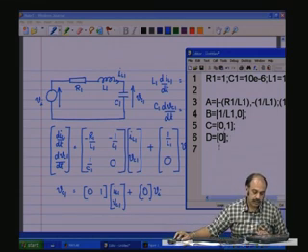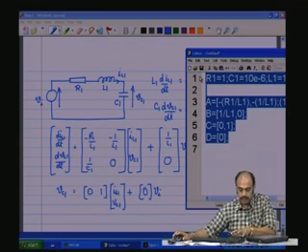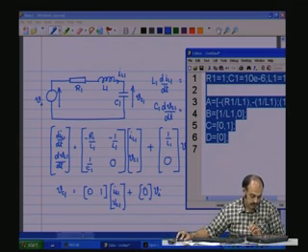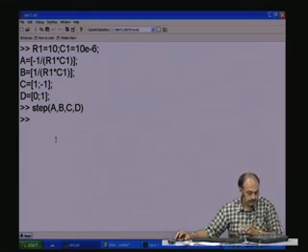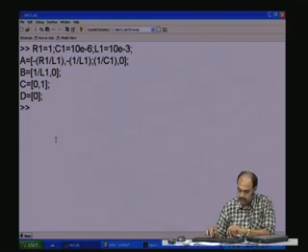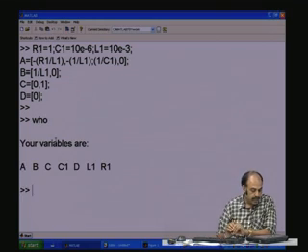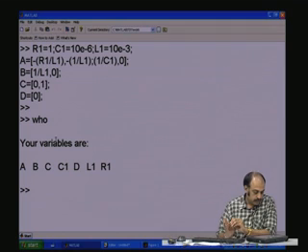So, this is the definition of this particular circuit. Let us copy that, go to MATLAB, clear the screen, paste, and we have the variables A, B, C, D, R1, C1, L1.